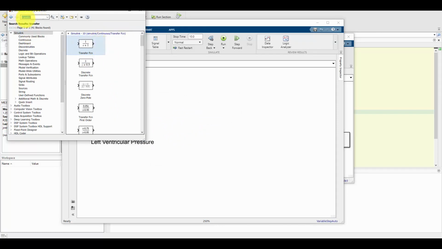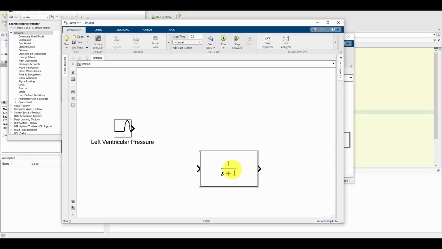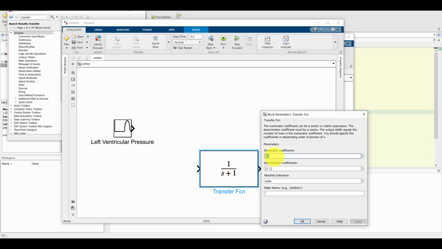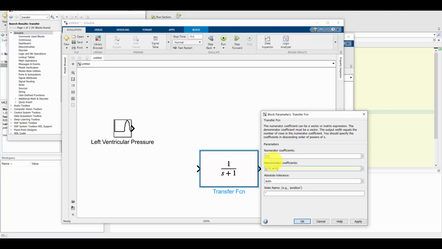If we look up transfer in the library browser, let me bring that up again, I already did the search, I want to drag in the transfer function. This is where we can build the transfer function for this system. We have to define it, and it's similar to how we would do it in MATLAB itself when we use that TF function. The numerator is 1, and the denominator is going to be L times C, R times C, 1 as a vector.